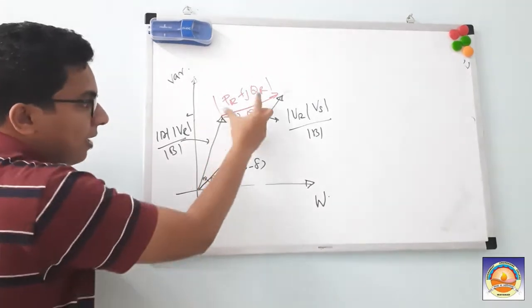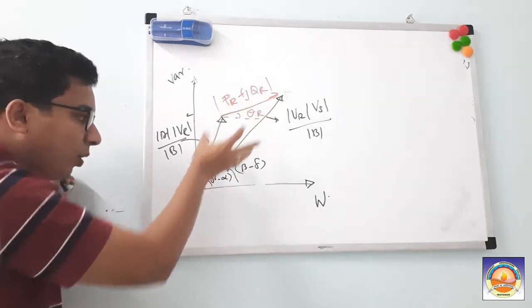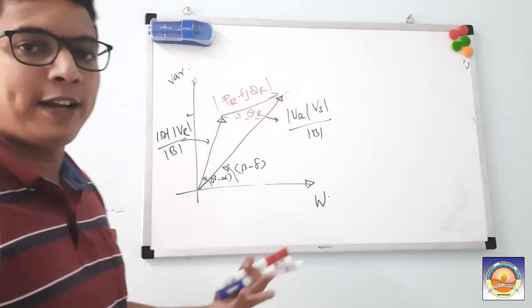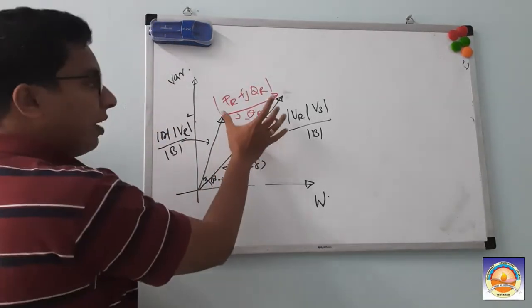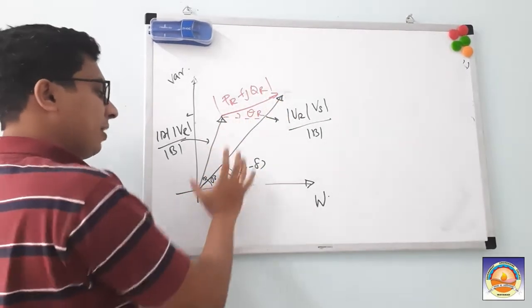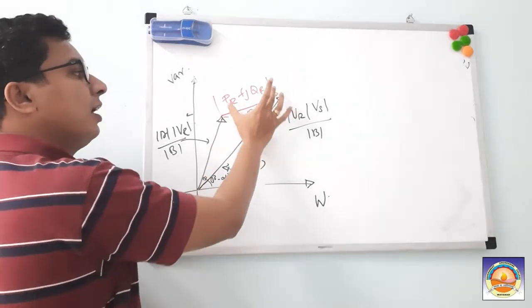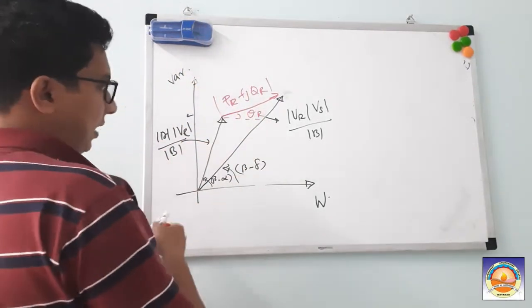Understood? This PR plus jQR should come to the origin. So for that we will take the whole thing down. We can do so in the phasor domain, and any vector can change its position, so that from our origin we can start our complex power. That way I am going to redraw this.